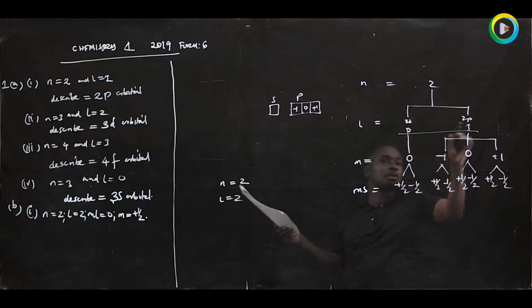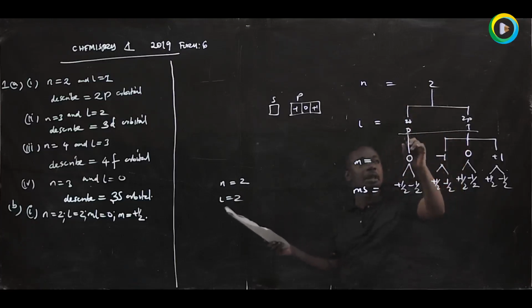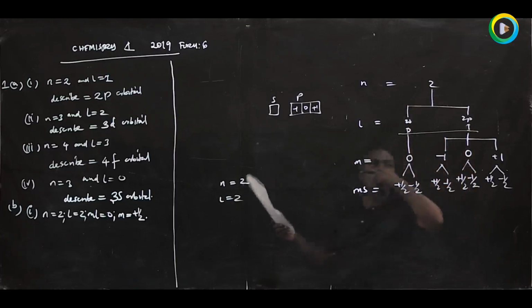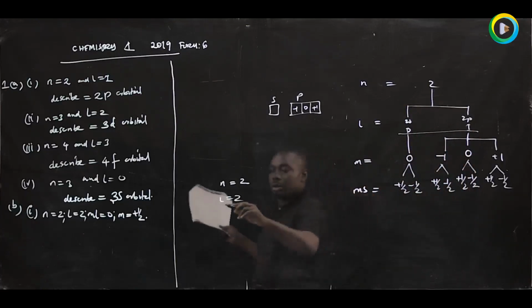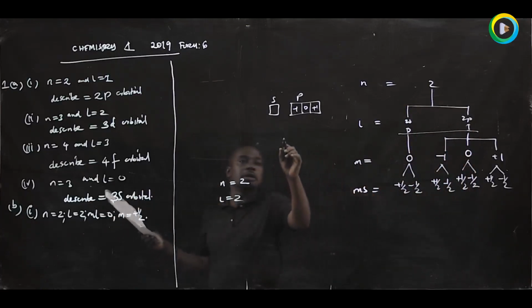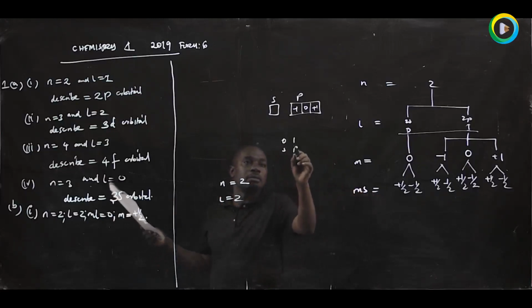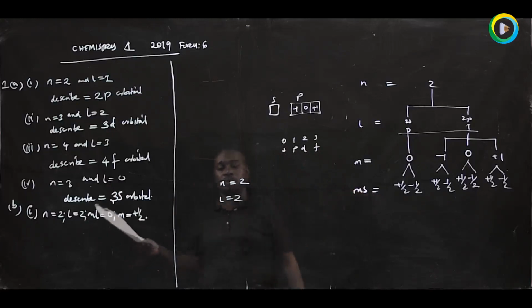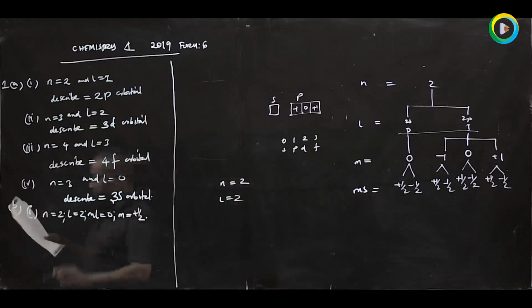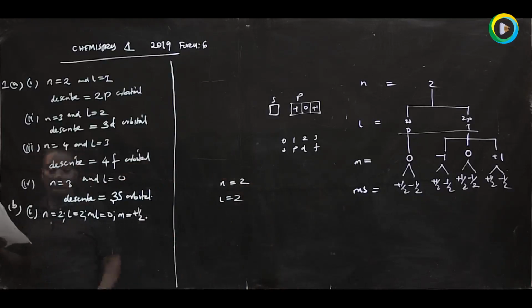Kuna 2s na 2p. S inakuwa represented na 0, p inakuwa represented na 1. L is equal to 2 haipo. Kwa hiyo these are not allowable.